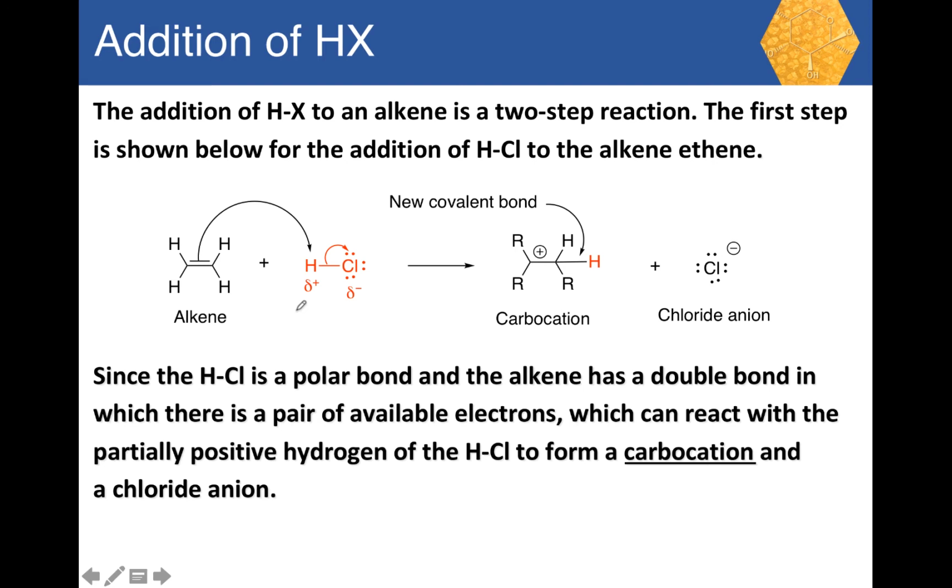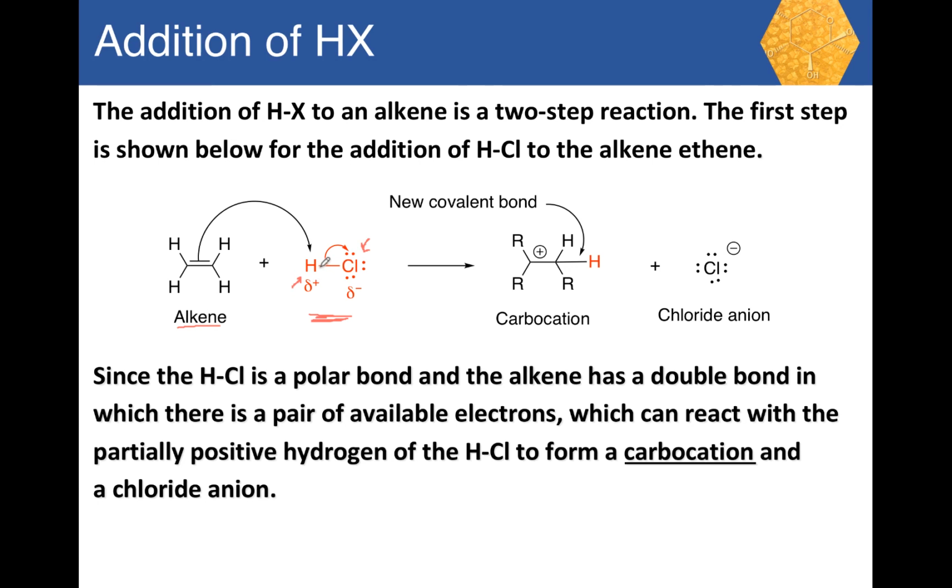Looking at this reaction, here is an alkene, ethene, because we have two CH2s, and we're mixing this with HCl, hydrochloric acid. So let's analyze hydrochloric acid from our knowledge in Gen Chem. Chlorine is very electronegative, as you know, and hydrogen is electropositive.